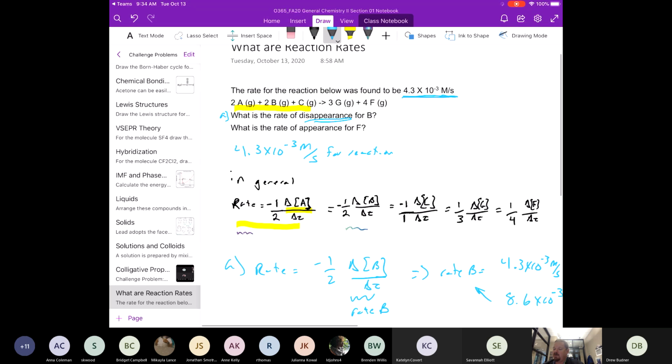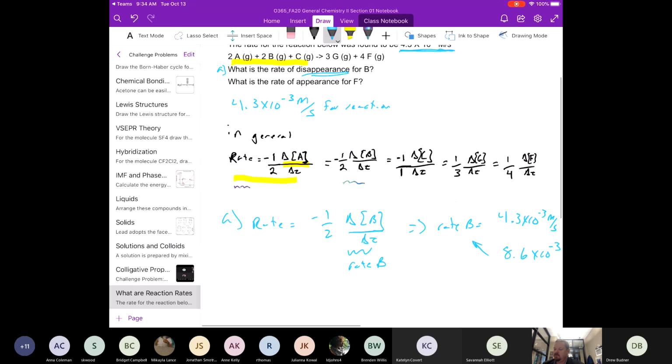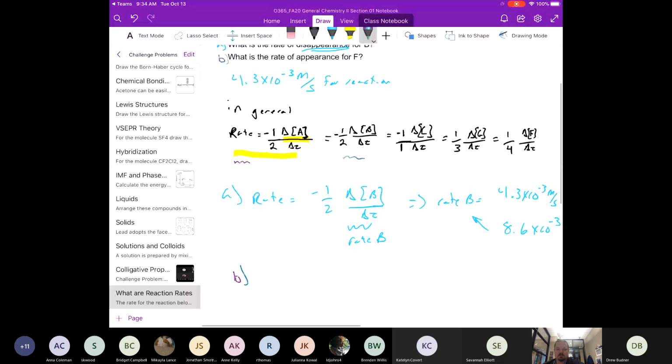So what would be the rate of appearance for F then? Call this rate F. What is going to be the rate of appearance for F? Well, we're still going to do this.